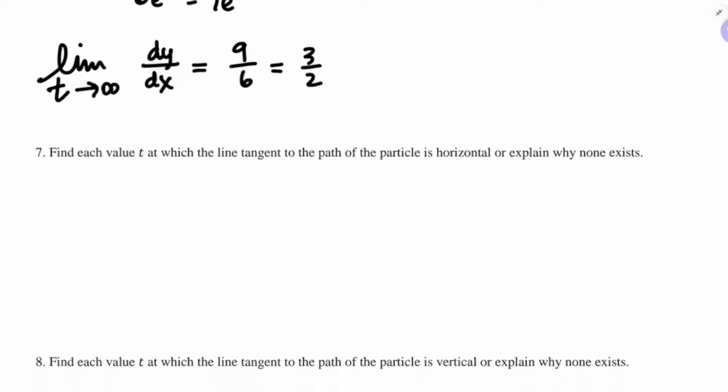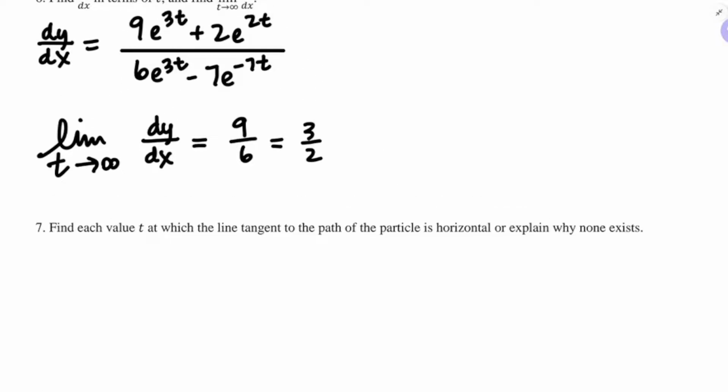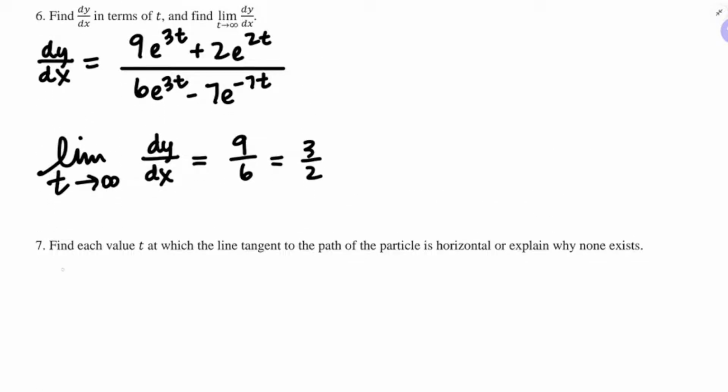Okay. And then find each t value at which the line tangent to the path of the particle is horizontal, or explain why none exists. Okay, well, horizontal would be dy dx equaling 0. And that happens when the numerator of dy dx is equal to 0 and the denominator is non-zero. So that's looking for 9e to the 3t plus 2e to the 2t.